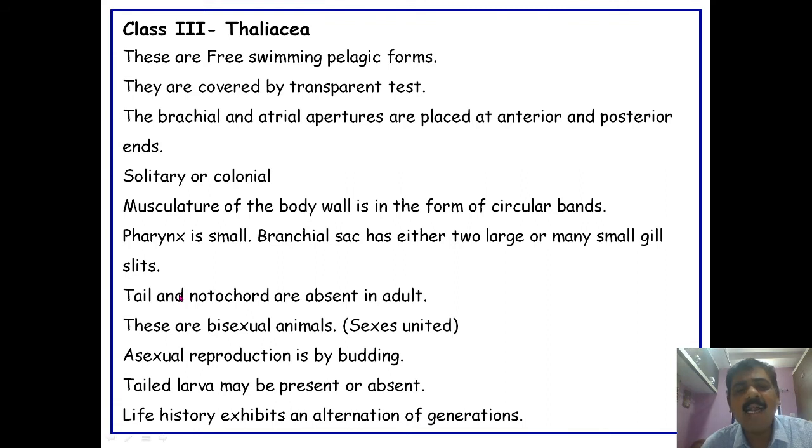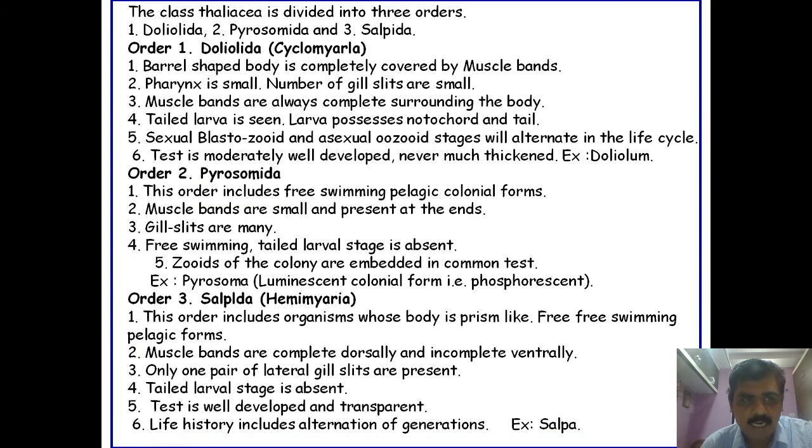The tail and notochord are absent in the adult. These are bisexual animals, having the sexes united together. Asexual reproduction occurs by budding. The tailed larva may be present or absent in the life cycle, and the life cycle exhibits alternation of generations.